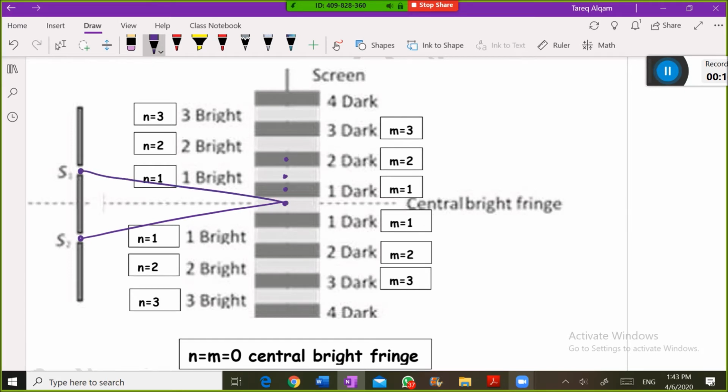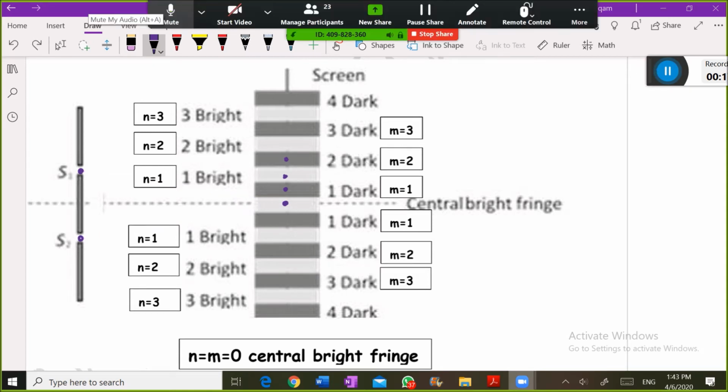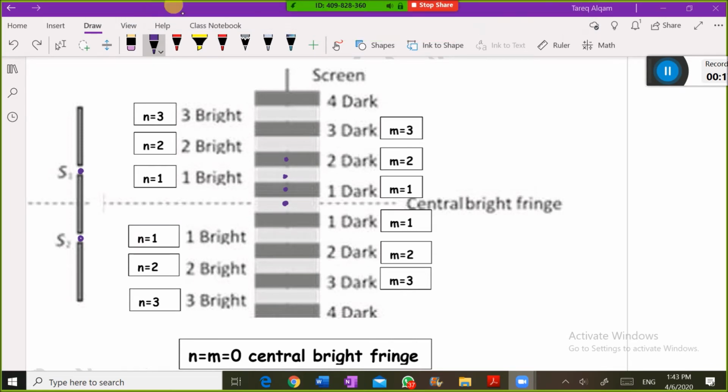Or if I consider the second region, at this point we have the path difference from S1 like this, and the path difference from S2 to this point. This is what we are going to talk about: path difference. If I consider this point, this is the path difference between S2 to this point and S1 to this point. Is that clear, guys?